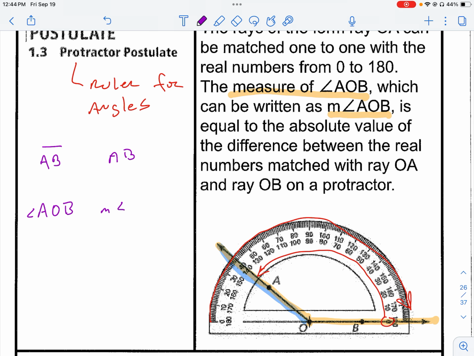Or we have the measure of angle AOB, which is how many degrees there are. So these are things, and these are numbers. The measure of AOB is a number.